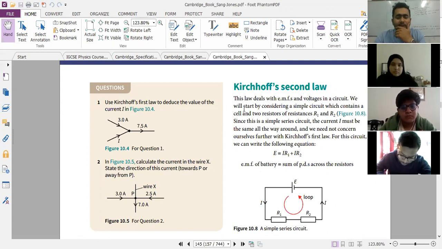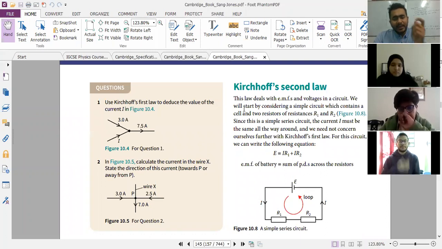Why? Because this is the amount of voltage that is going to be applied through the whole circuit, and there you will see the total push from the cell.